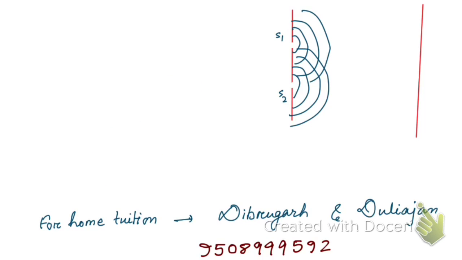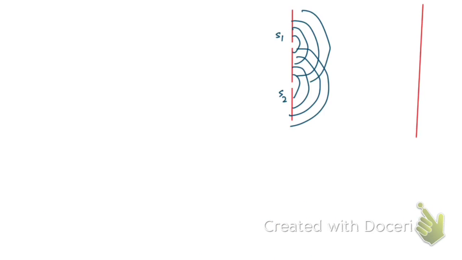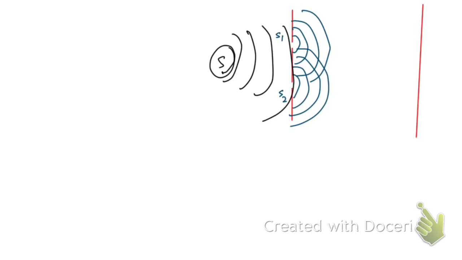Now let me clean this first. Here we have a source S, and light is traveling from this source, and these two small holes will act as two coherent sources. Coherent sources means two sources of waves with a constant phase difference.